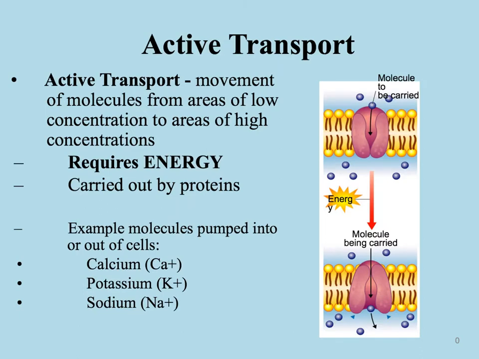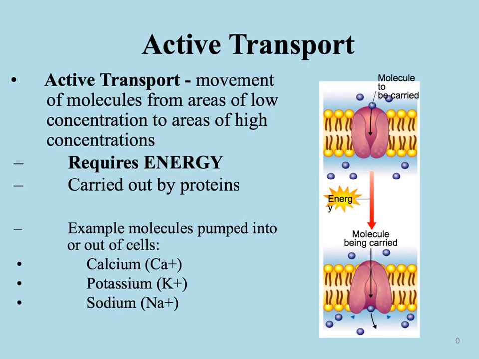We call it active transport because the cell is going to need to use energy in order to move those particles against a concentration gradient. Just like if you want to get water up a hill, you're going to have to use a pump. All right, you're providing an energy source to get the water to move up the hill against an elevation gradient.